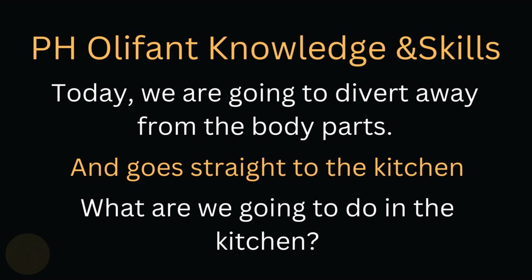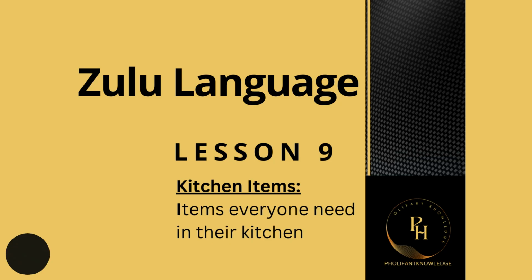What are we going to do in the kitchen? Let's have a look. This is our Zulu language lesson 9. So our topic today is about the kitchen items. Items everyone needs in their kitchen, or items that are always found in the kitchen.